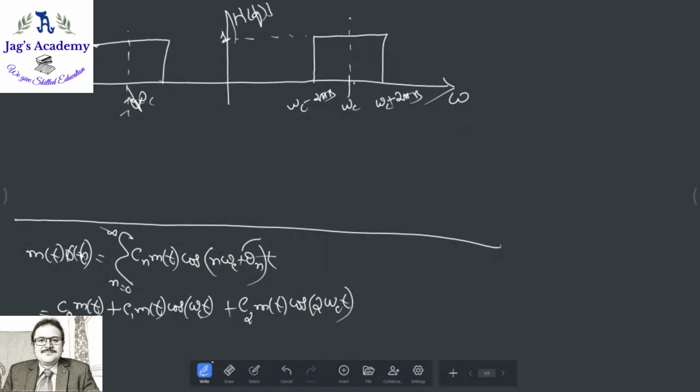Now, plus C3 m of t cos of 3 omega c t, yes or no? Plus dash dash dash Cn m of t cos of n omega c t, right?